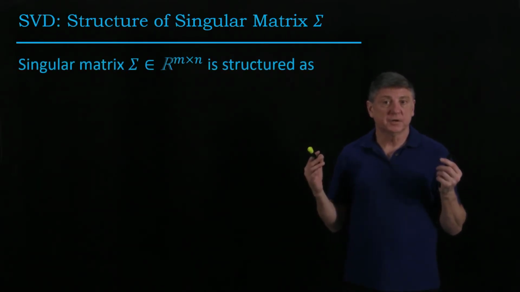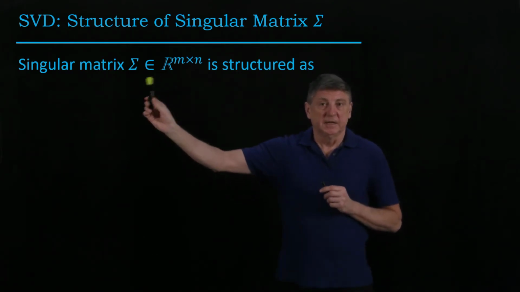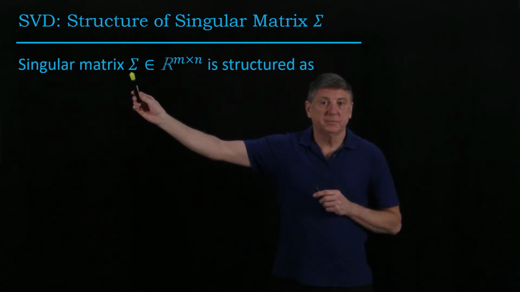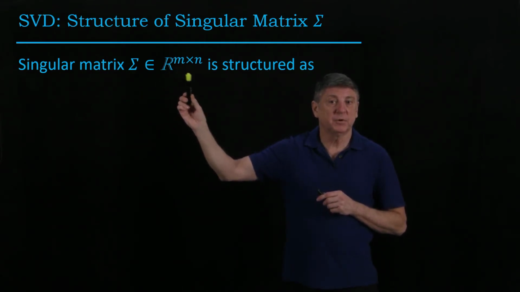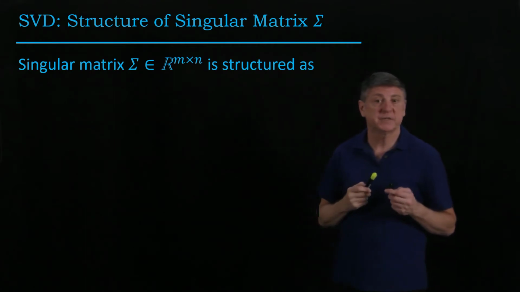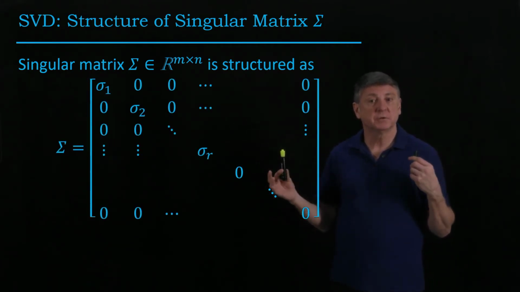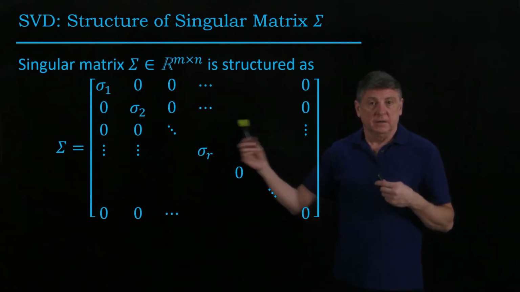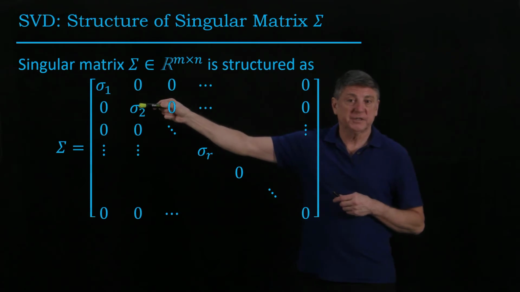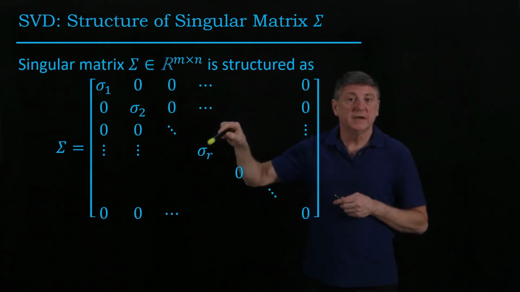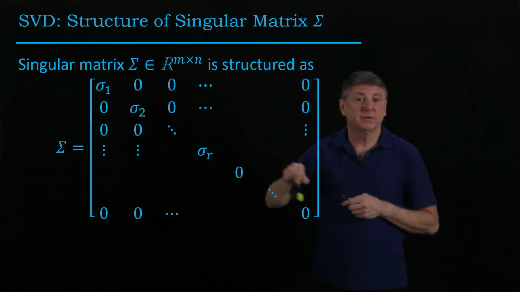Let's remember that the singular value matrix has all real entries, and it has the same number of rows and columns as the original matrix A has. And this is its structure. This is the most general case, where we start at singular value 1, which is greater than or equal to singular value 2, and so on, until we get to singular value R for rank R, and after that they're all zeros.